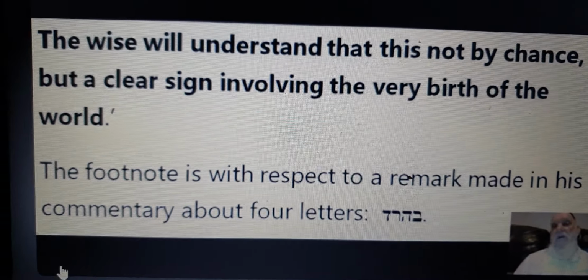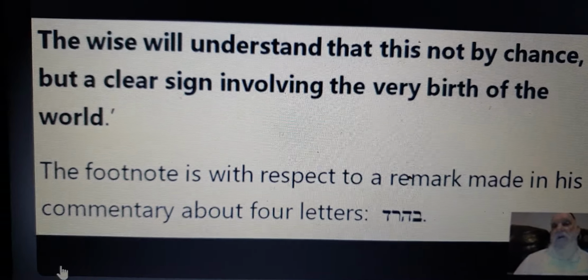So if you take this bet and you count 42 letters, basically there are 42 letters here, you come to the Hey. Then 42 letters come to the Resh, and 42 Dalet. Yeah? So those are the 42 letters. So this is what is written here.